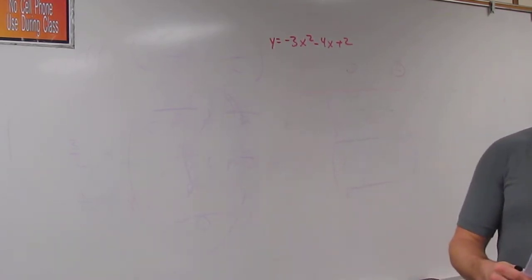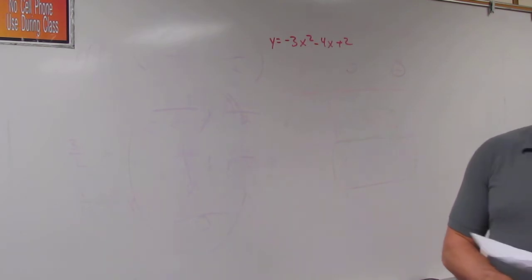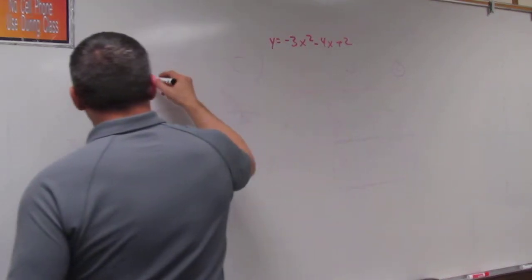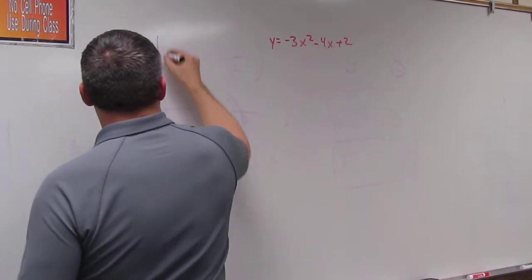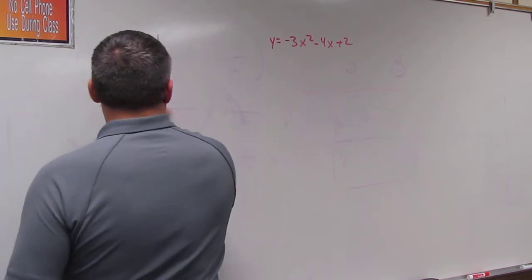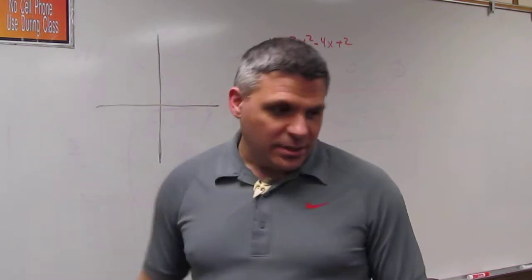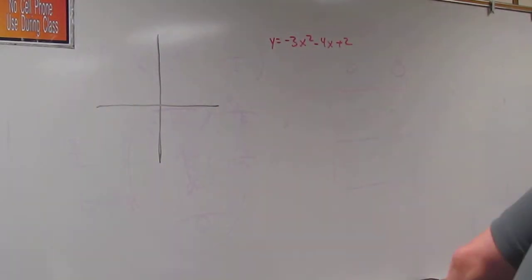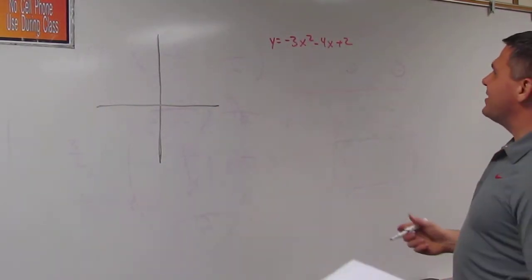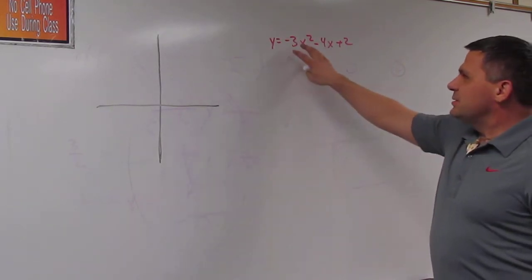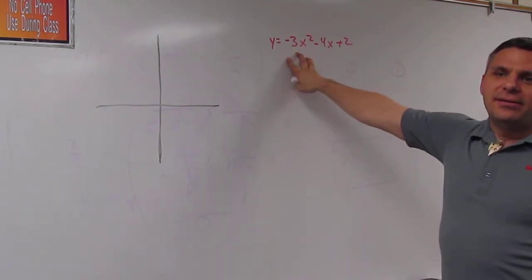First things first, we need a good point of reference. One thing we should recall is that this parabola is going to tell us whether it's smiling or frowning.